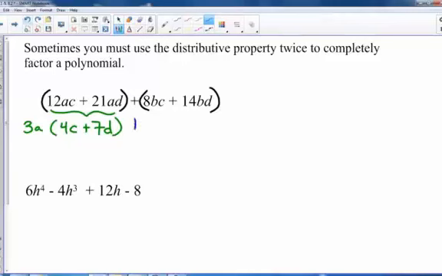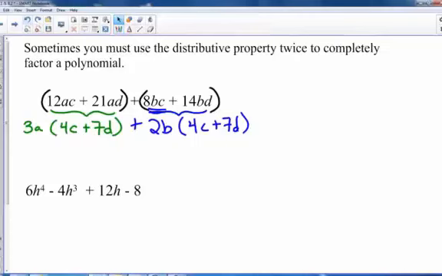My greatest common factor in the second part is 2b. And when I take the 2b out, I'm left with 4c plus 7d. Now, do you notice that this parentheses is the exact same thing as that parentheses? So I can factor that out.